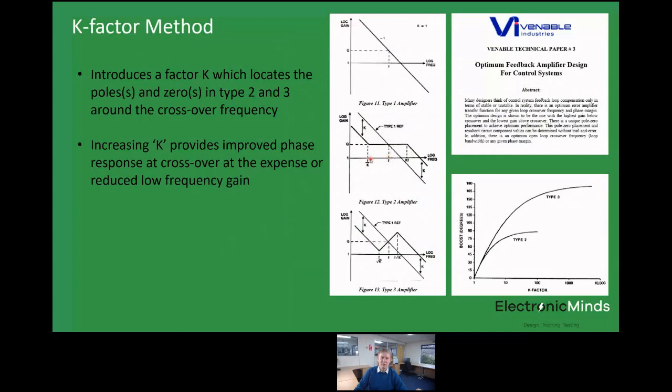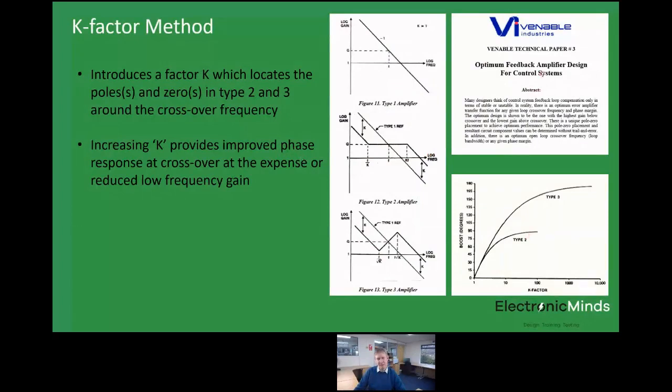If we place the zero at a frequency F divided by K and the pole at a frequency of K times F, that's how we go about placing those. And the value of K is a factor which determines the amount of phase boost.